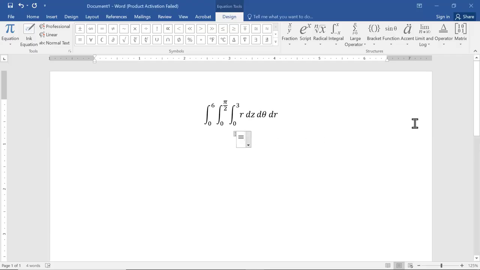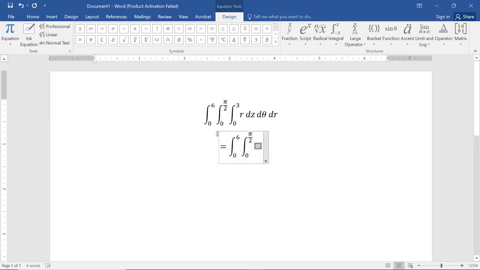All right, so let's take a look at this. It's a pretty straightforward integration. So we're integrating from 0 to 6, and then we're integrating from 0 up to pi over 2. And in this inside integration, r is a constant. So when we integrate with respect to z from 0 to 3, we just get 3 times r.